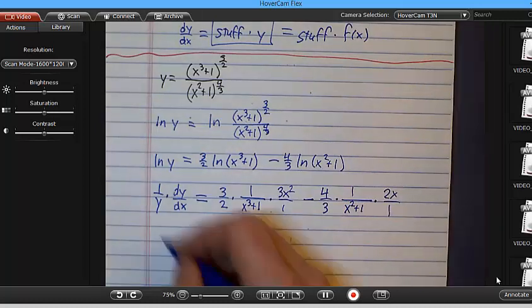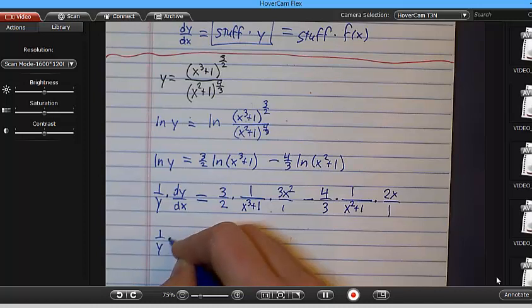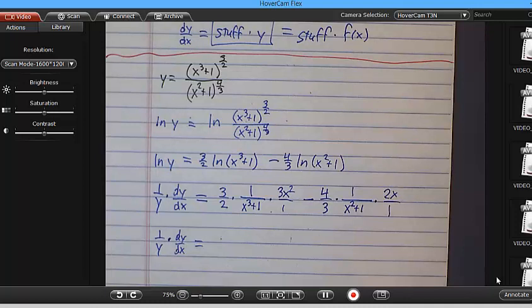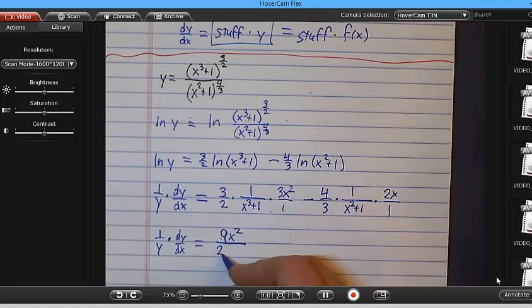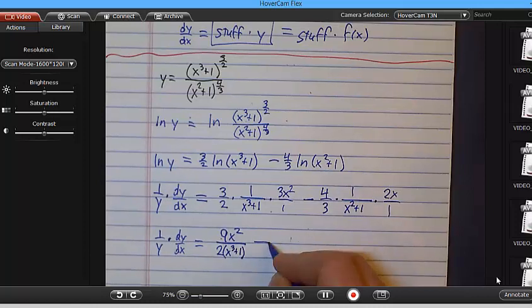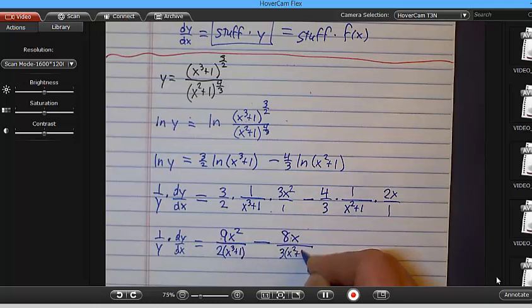Okay, so 1 over y times dy dx equals, boy, what would this be? I guess 9x squared over 2 times x cubed plus 1 minus 8x over 3 times x squared plus 1, right?